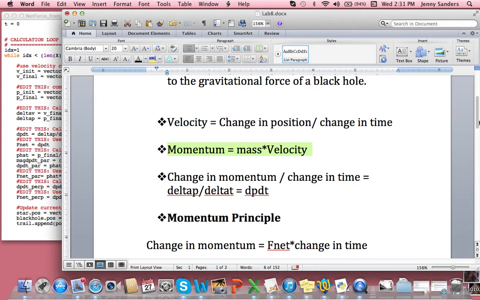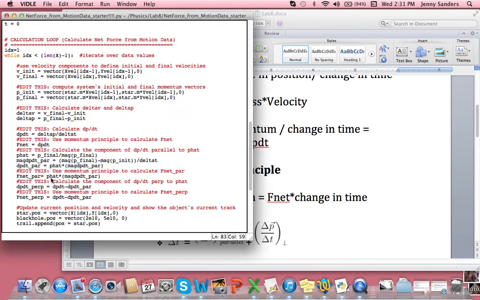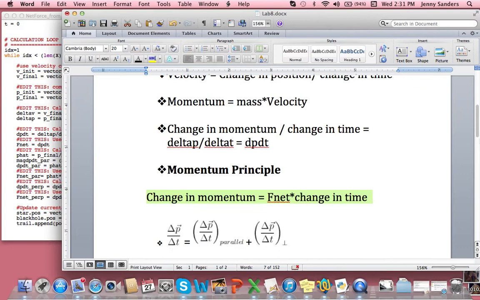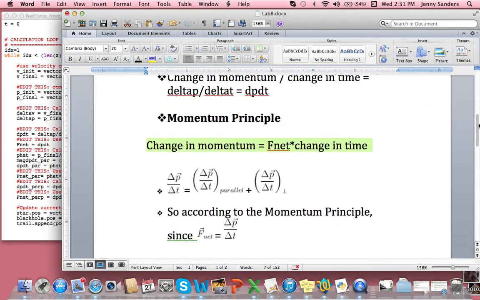Now we're going to get to the momentum principle, which says the change in momentum equals F net times the change in time. This is curving motion, so that means that dP dt, the change in momentum over change in time, is going to be set up in two components.